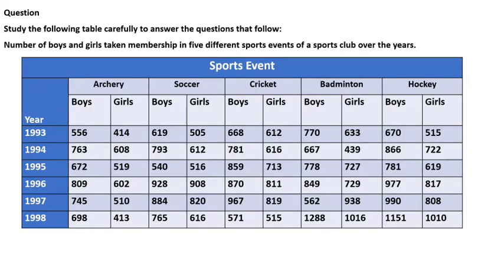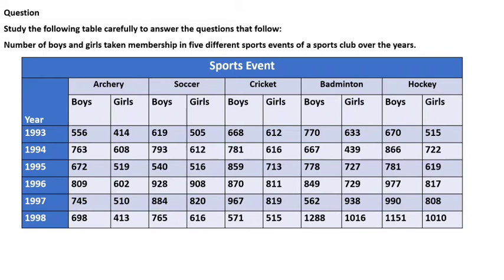Next question. Next question is about this table. Study the following table carefully to answer the questions that follow. The number of boys and girls taking membership in 5 different sports events of a sports club over the years. So different years are given here.